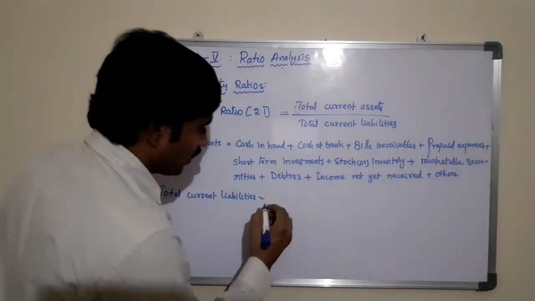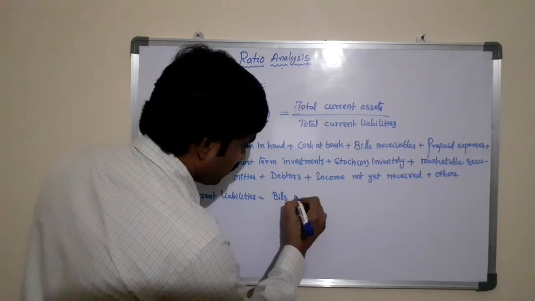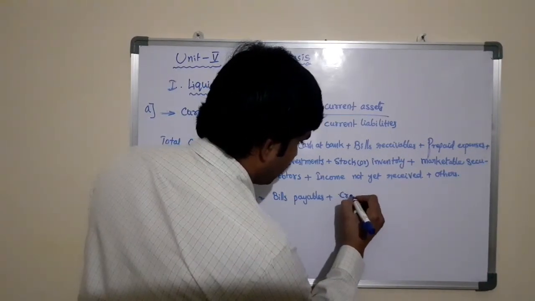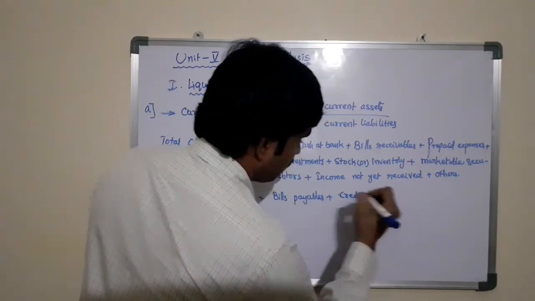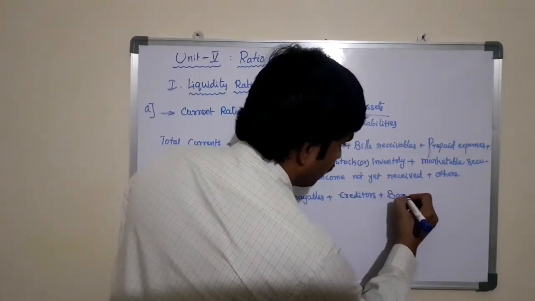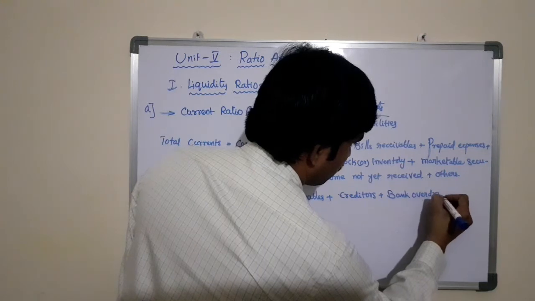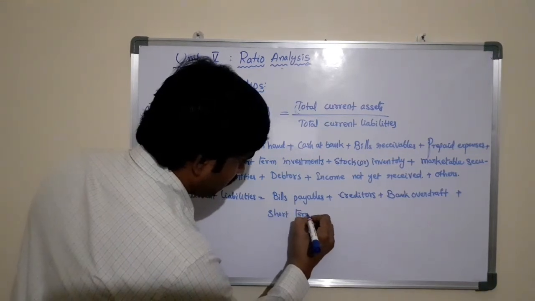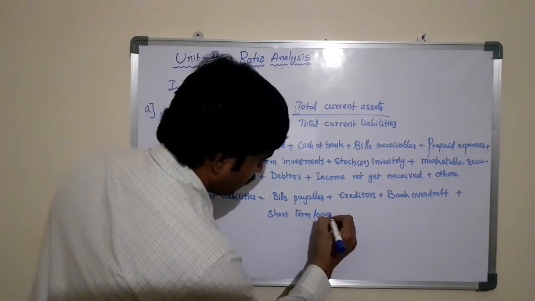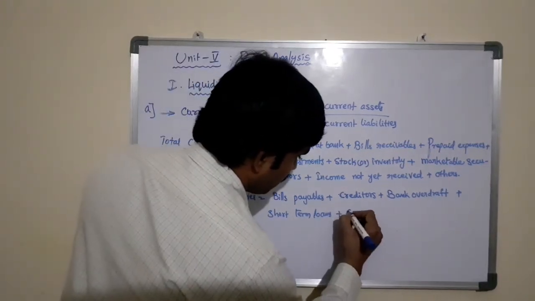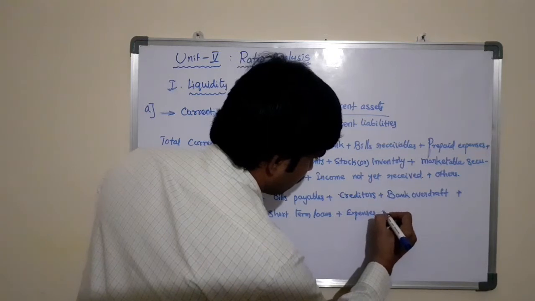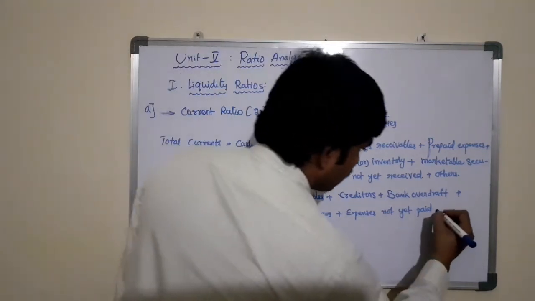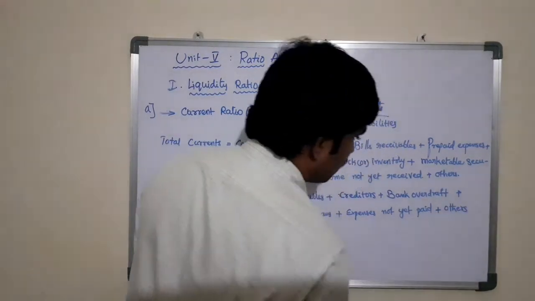What are the items that come under current liabilities? Bills payable plus creditors plus bank overdraft plus short-term loans plus expenses not yet paid plus others, if any.